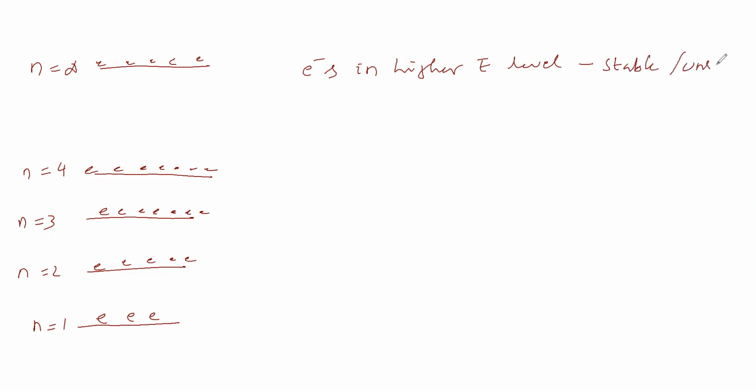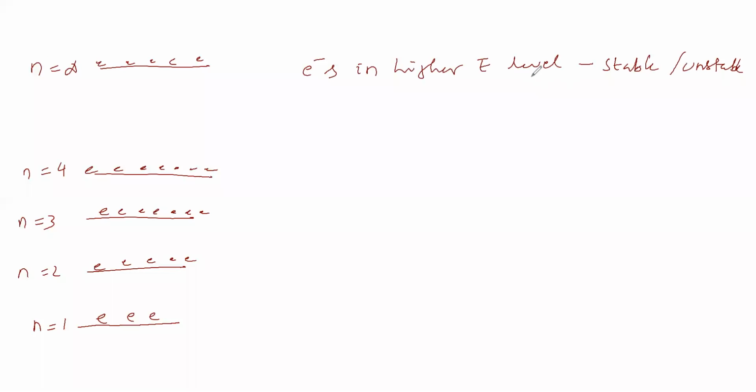In the infinity level, some of the electrons will be there. So electrons are present in higher energy levels. Is an electron in a higher energy level stable or unstable?